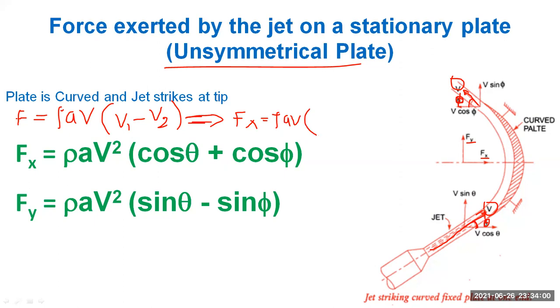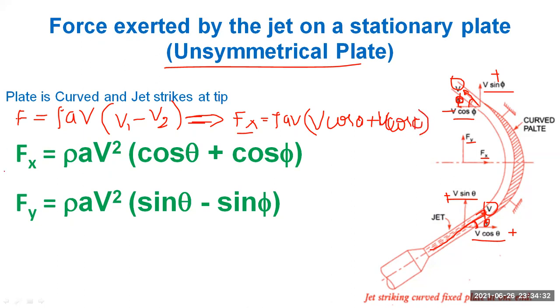As I have told, it is acting at an angle, so both inlet and outlet velocity you can resolve into two components, v sin theta and v cos theta, and v sin phi and v cos phi. So this will be positive and this will also be positive. So it will be v cos theta, because you have to consider only the horizontal whenever you calculate Fx, minus v cos phi. So it is plus v cos phi.